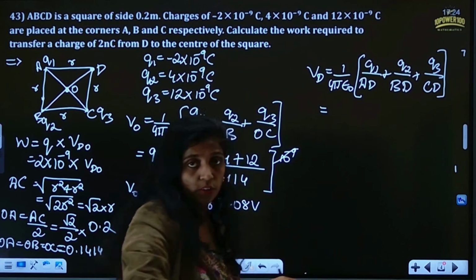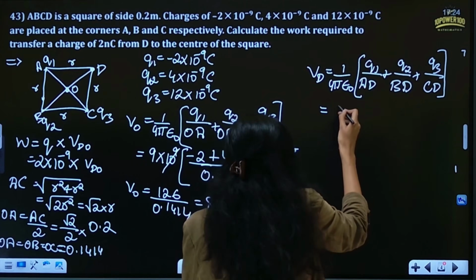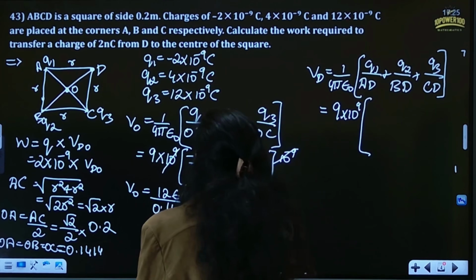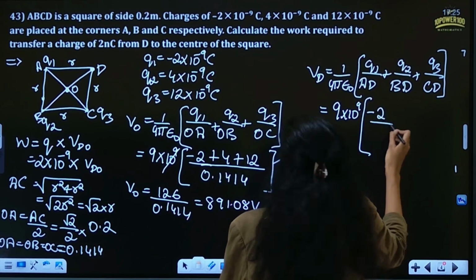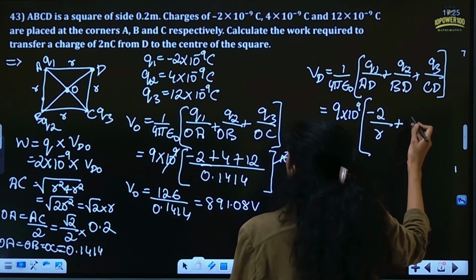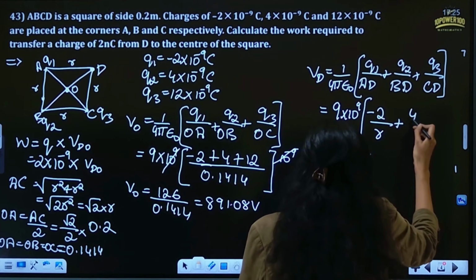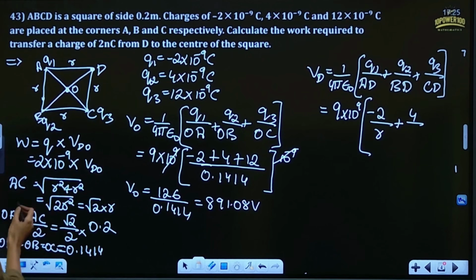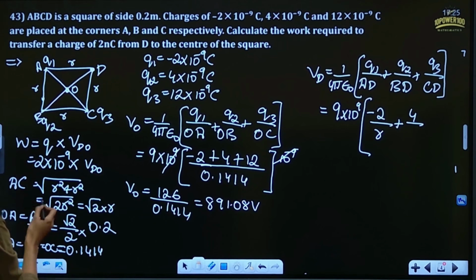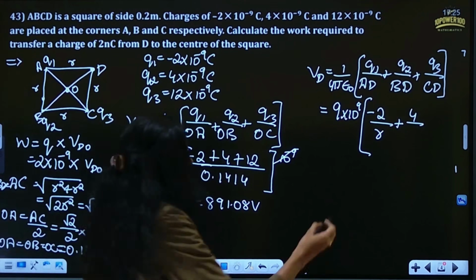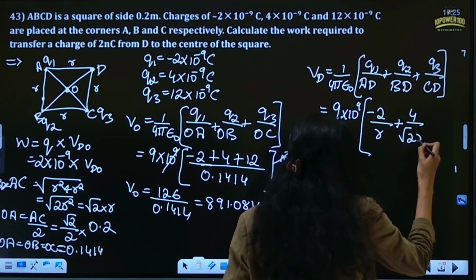Now let me substitute the value of 1 by 4 pi epsilon naught as 9 into 10 power 9. The value of Q1 is minus 2 divided by AD, where distance AD is R. Plus Q2 is 4, and the distance BD is root 2 times R, since AC and BD are the same.